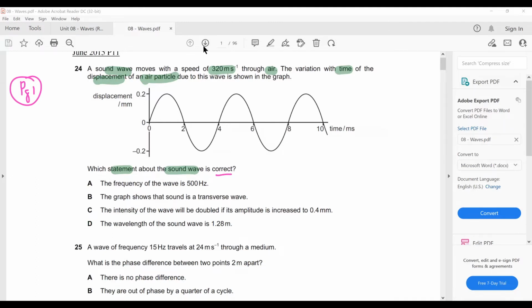This is a displacement time graph. So obviously I know that this is the period. The period is 4 milliseconds. So if I know the period is 4 milliseconds, I can find the frequency, frequency being the reciprocal of the period, 1 divided by 4 times 10 to the power minus 3.